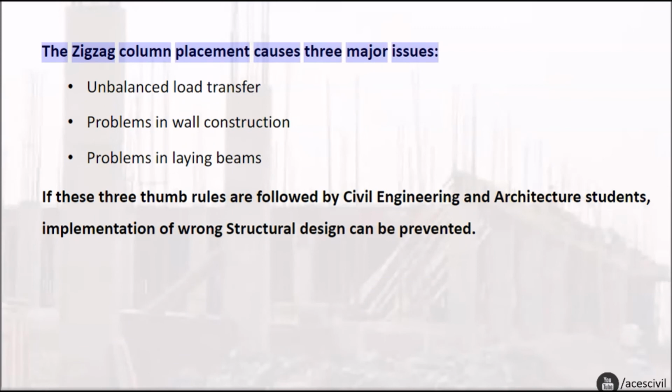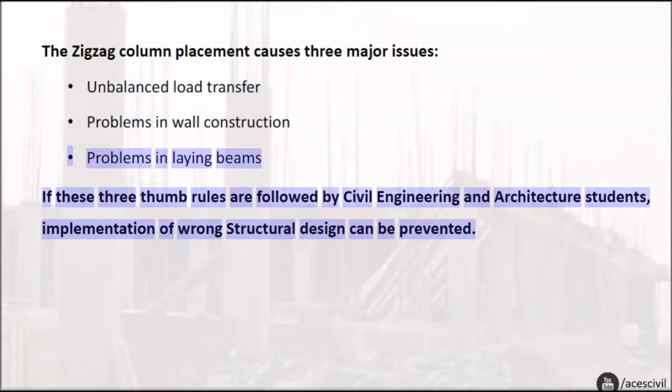The zigzag column placement causes three major issues: unbalanced load transfer, problems in wall construction, and problems in laying beams. If these three thumb rules are followed by civil engineering and architecture students, implementation of wrong structural design can be prevented.